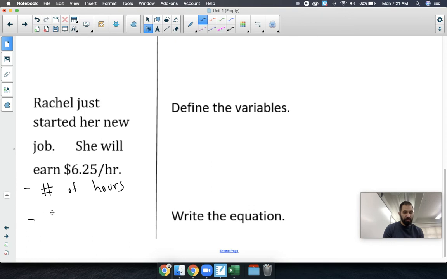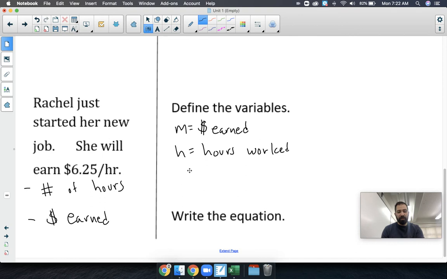And we also know that she earns some money. And so let's define some variables. Any variable you want, let's pick M. For money, that's the dollars earned. Okay. For hours, let's use H. That's her hours worked.